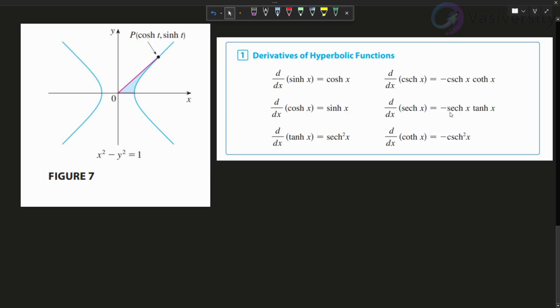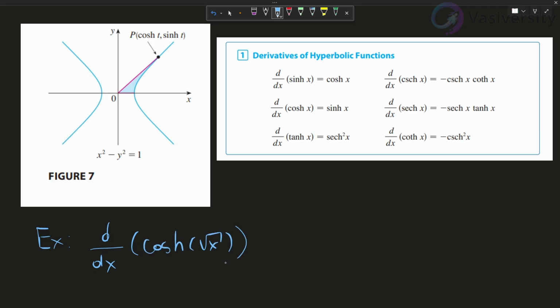Here is one of the examples, where we can also use the chain rule. For example, if we want to take the derivative d/dx of hyperbolic cosine of square root of x, we use the chain rule.